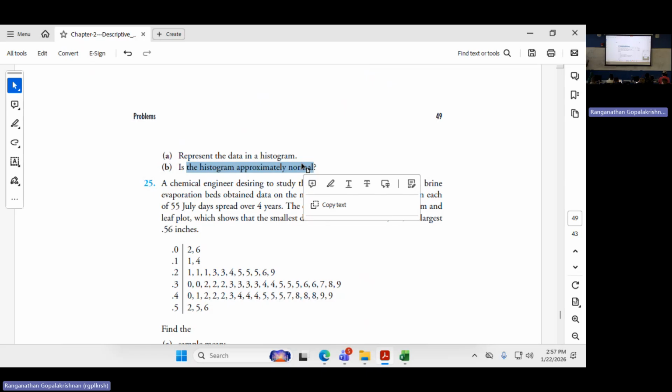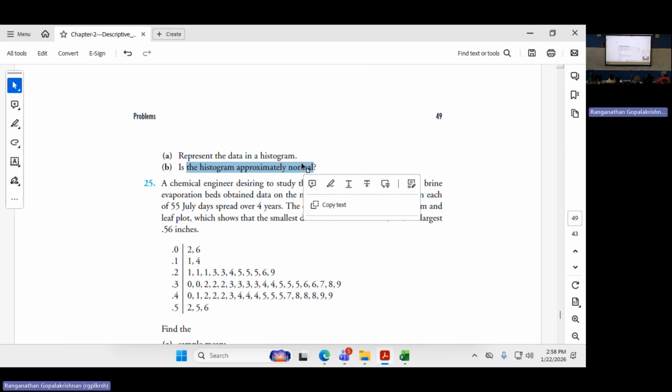If 68% lies within x bar plus minus s, if approximately 95% lies within x bar plus minus 2 standard deviations, if 99.5% lies approximately within 3 standard deviations, then this data set is approximately normal. And I told you it goes both ways. If this is true, that's normal. If that's normal, this will be true.